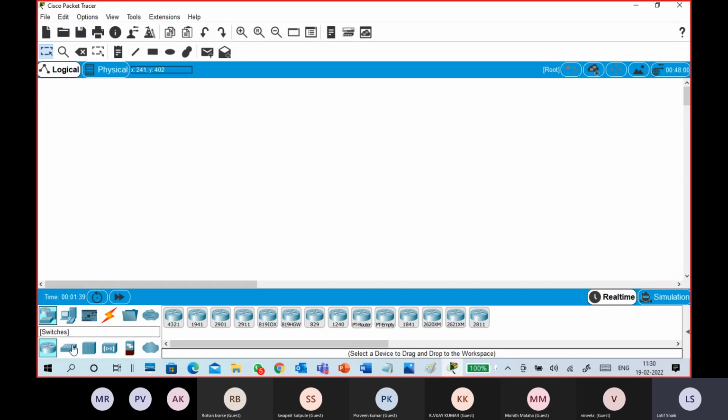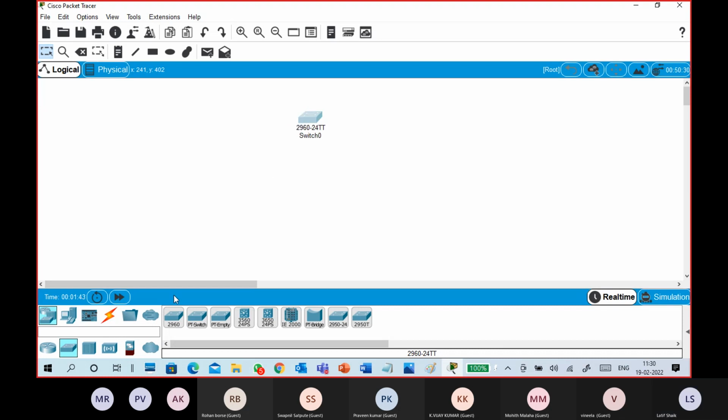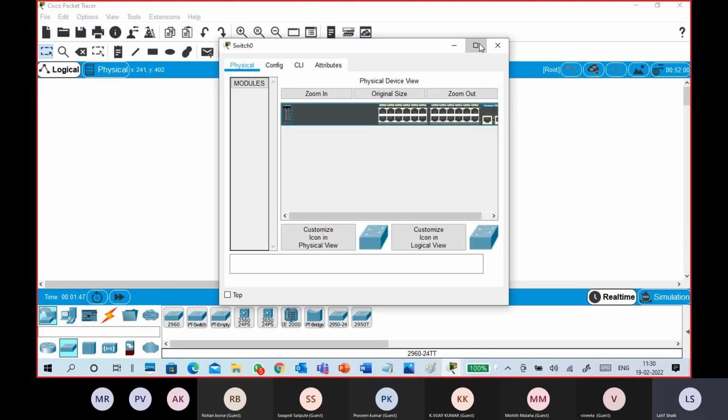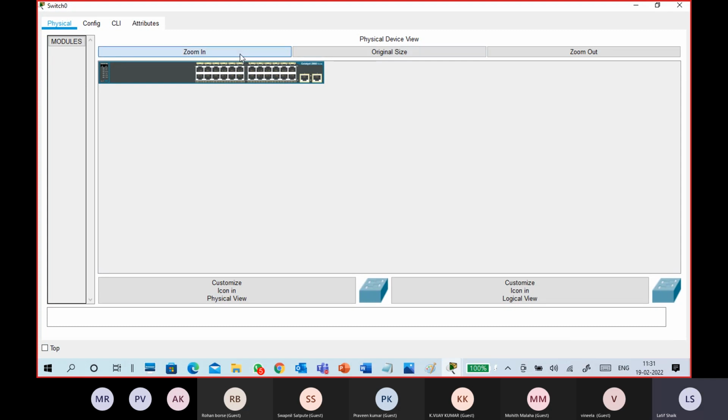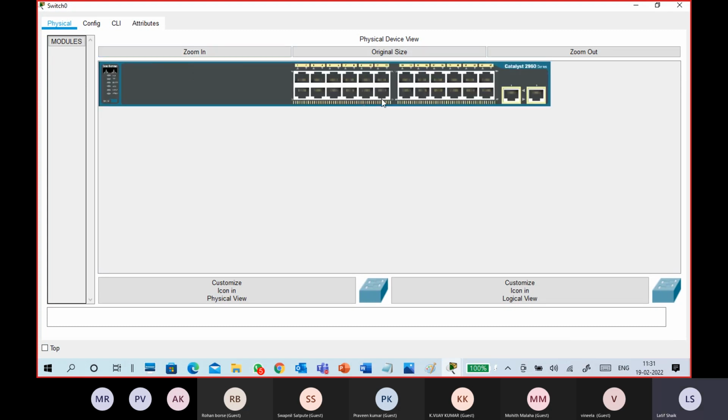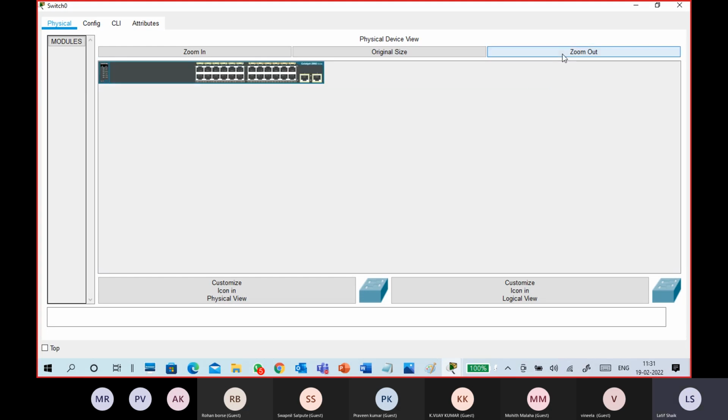Like this is a switch. If you have a multi-layer switch, you can see, zoom in, these are the LAN port numbers, and this is the console one.